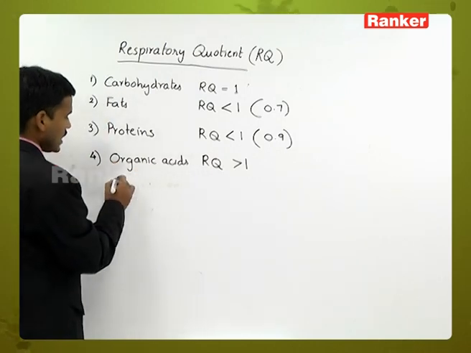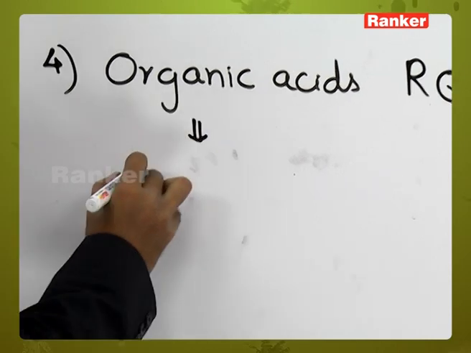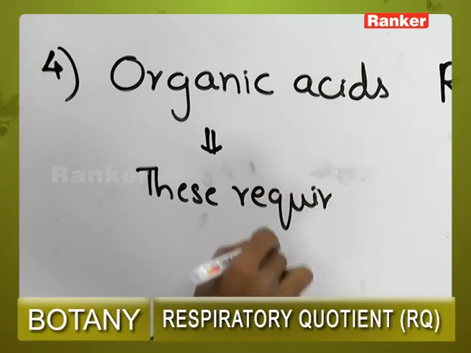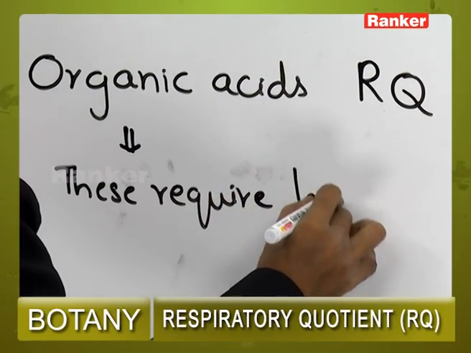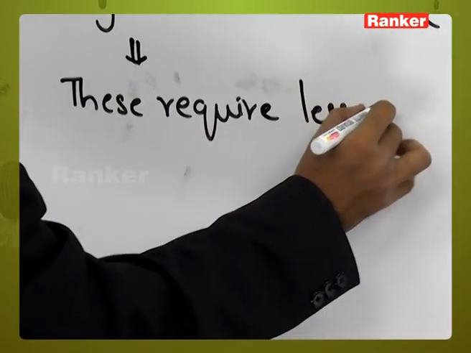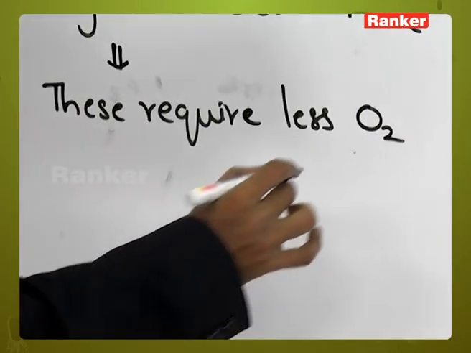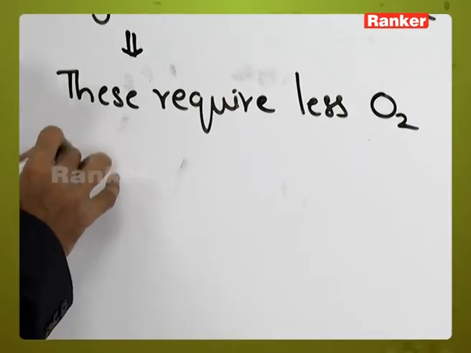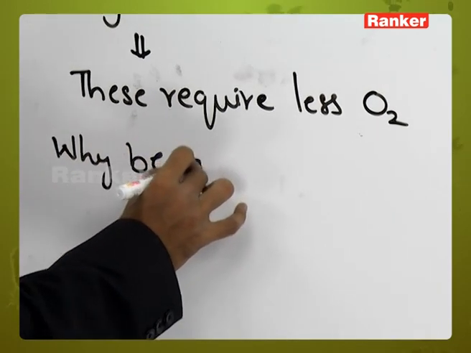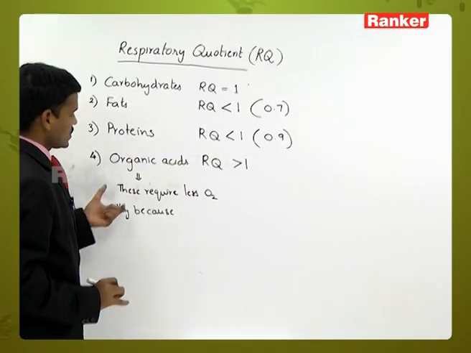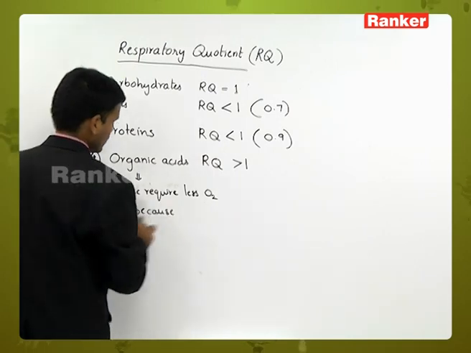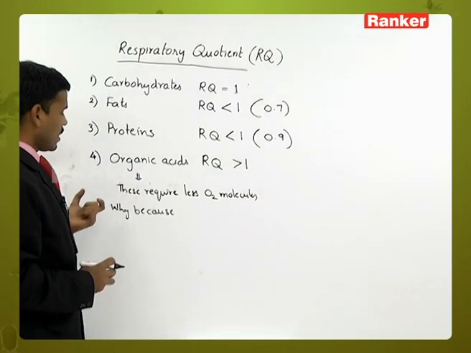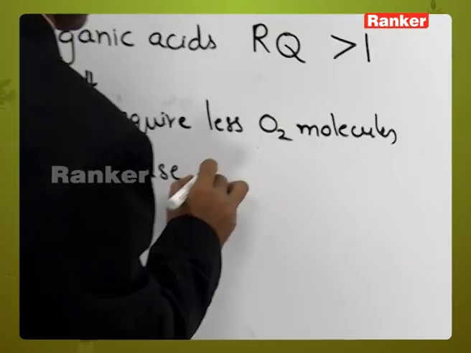So these require very little oxygen, fewer oxygen molecules. Why? Because the carbon and hydrogen number is more.